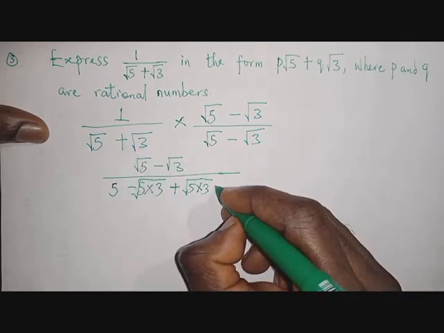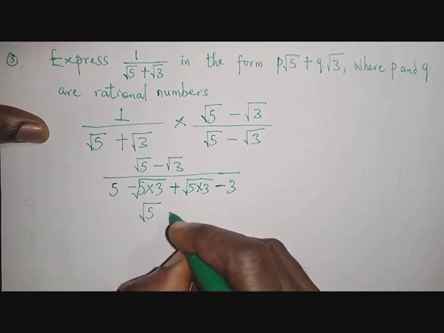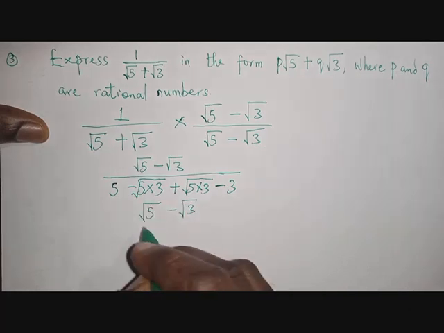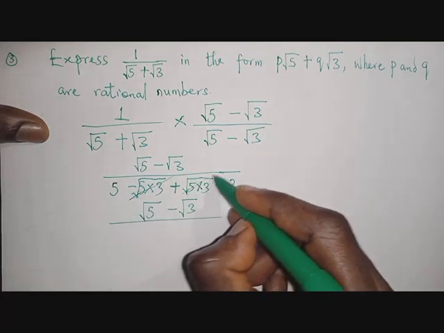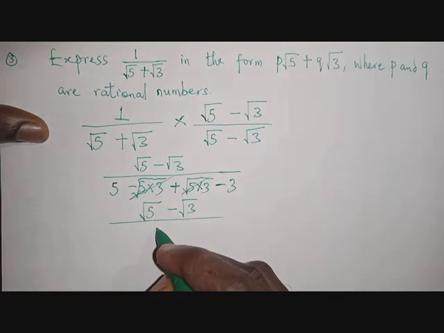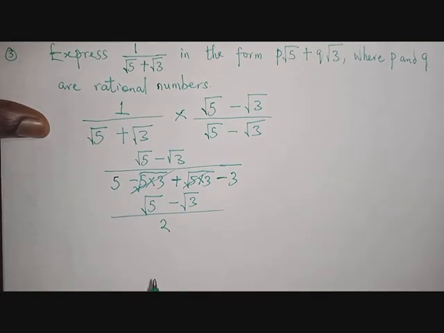Then this times this will give me minus 3. So the root 15 terms cancel out, and I'm left with 5 minus 3, 2, in the denominator.